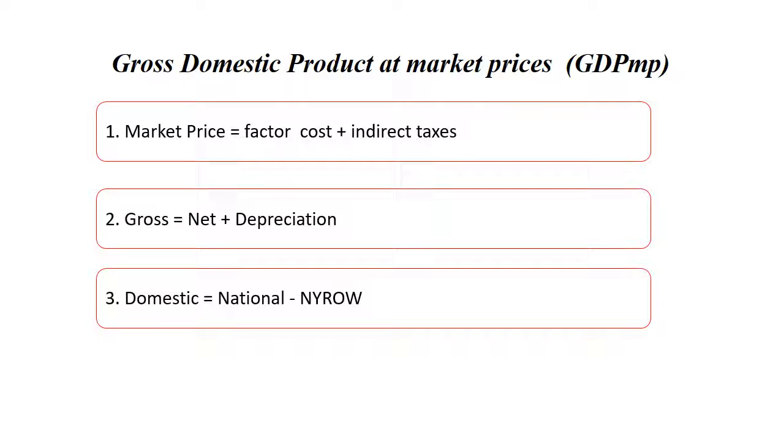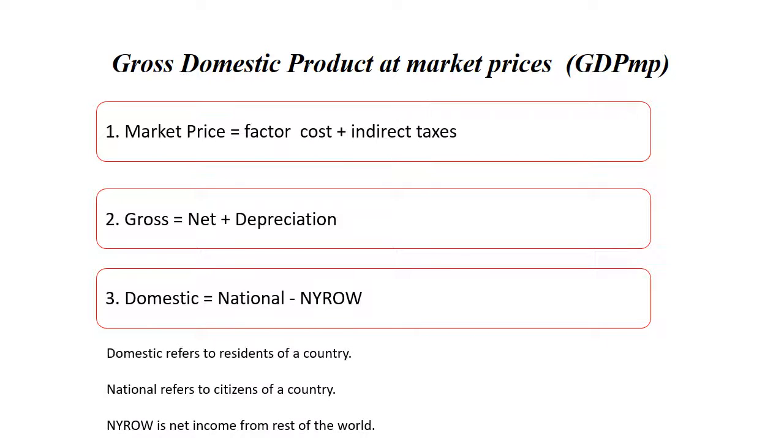The third relationship you should know is the relationship between domestic and national. And these two are related through what we call NERO, which is net income from rest of the world. Now, when we use the term domestic, domestic refers to residents of a country.